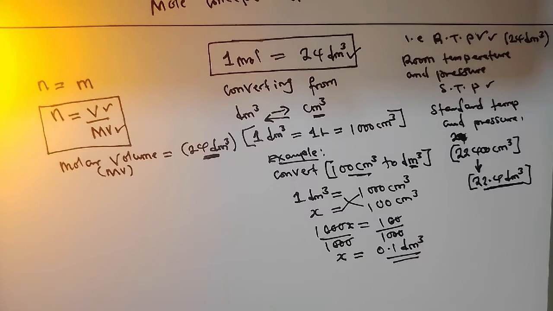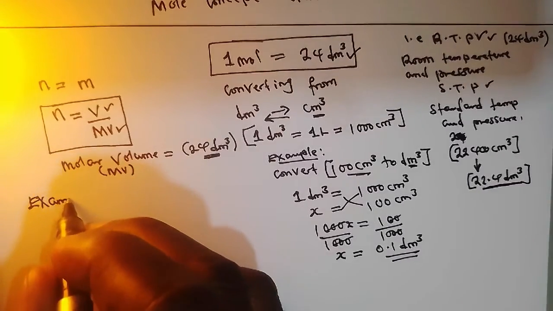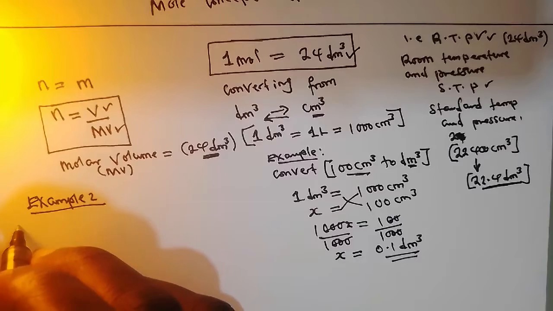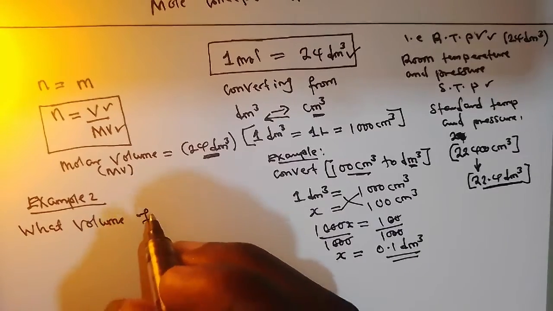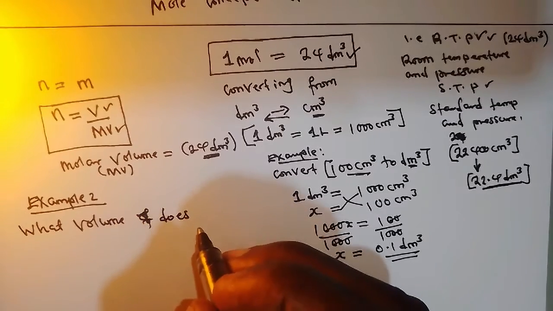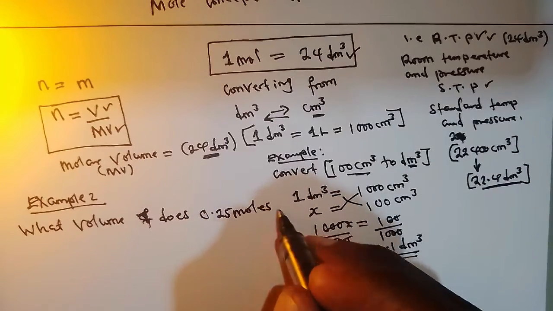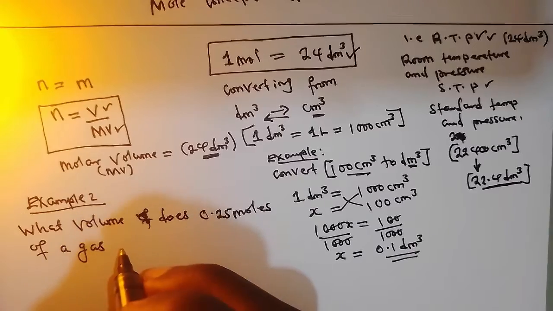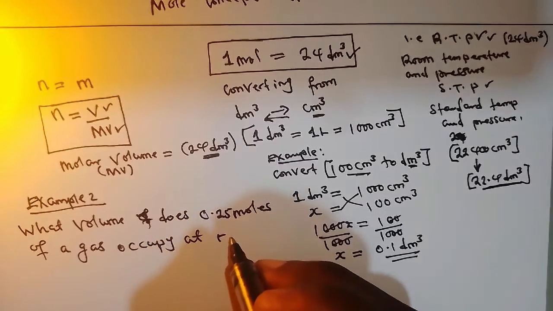So let's look at an example. What volume does 0.25 moles of a gas prepared at RTP occupy?